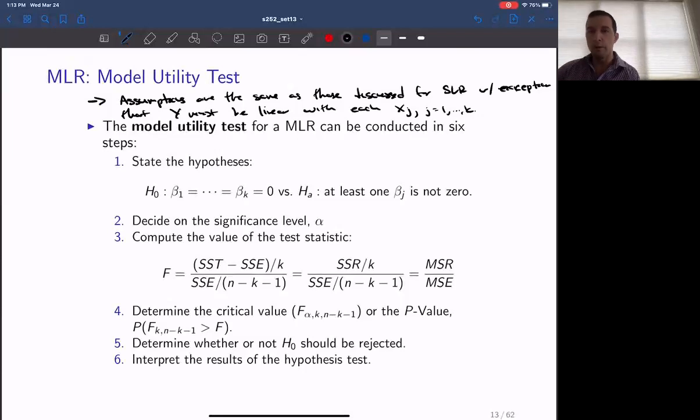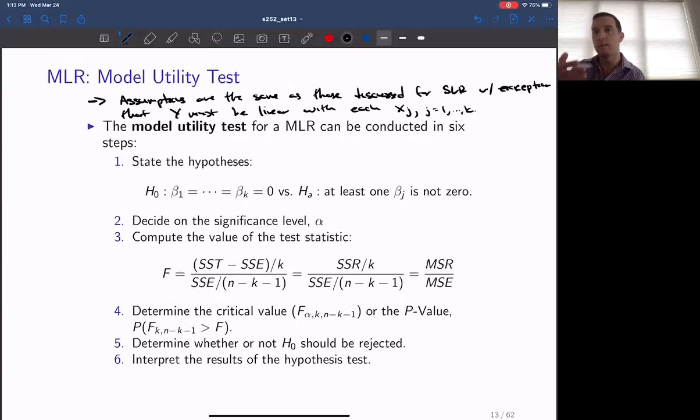Okay, as always, it's a 6-step test. So you can see that the hypotheses, as we discussed above, are just slope equality with 0 against the alternative that at least one of the beta j's in the system is not equal to 0. Significance level on step 2. On step 3, we compute an F value. This F value would be from the ANOVA tables that we designed in the previous exercise.